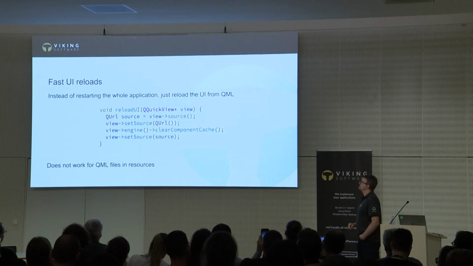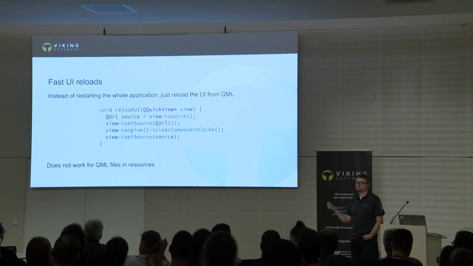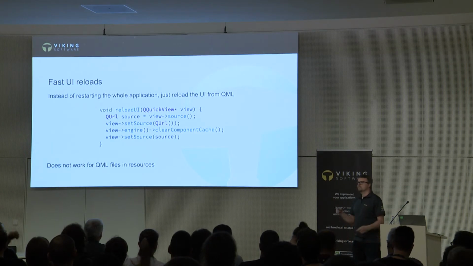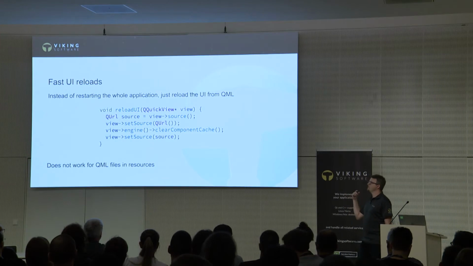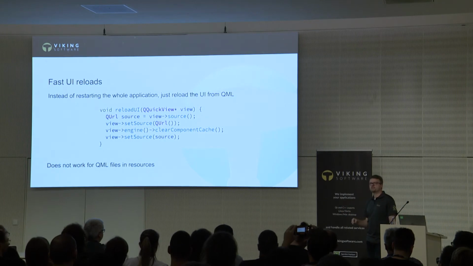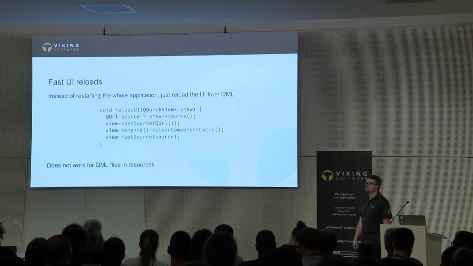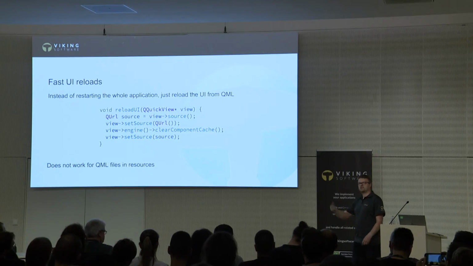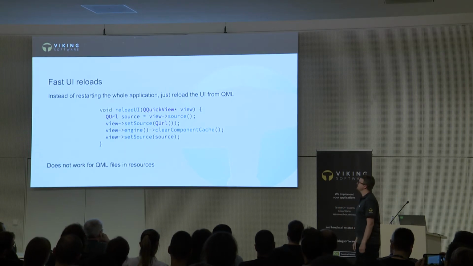You can use it, for example, using some shortcut, so Control R or F5 or whatever. Or you can write some more C++ code where you can have a file system watcher. So the file system watcher then detects if you changed or saved a file, a QML file, in your tree. In that case, it just calls this function to reload your whole QML, which in the end speeds you up in typing, testing. That's quite nice.